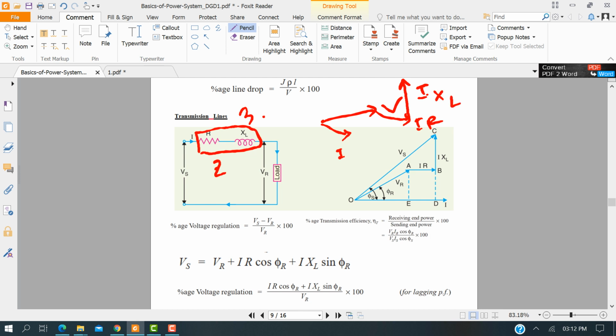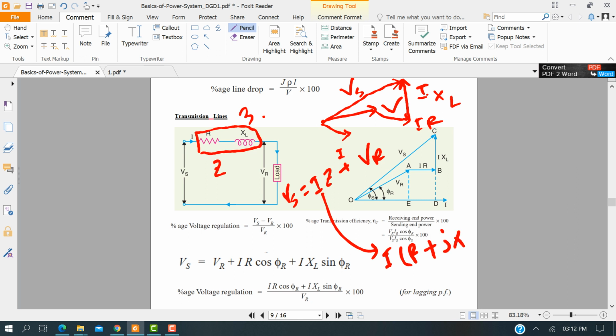According to the equation, Vs can be written as I times (R plus jXL). So adding all the values, I can get this sending end voltage.